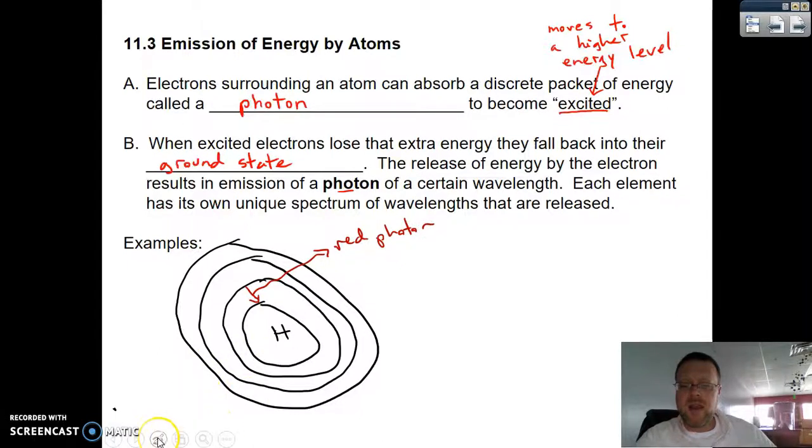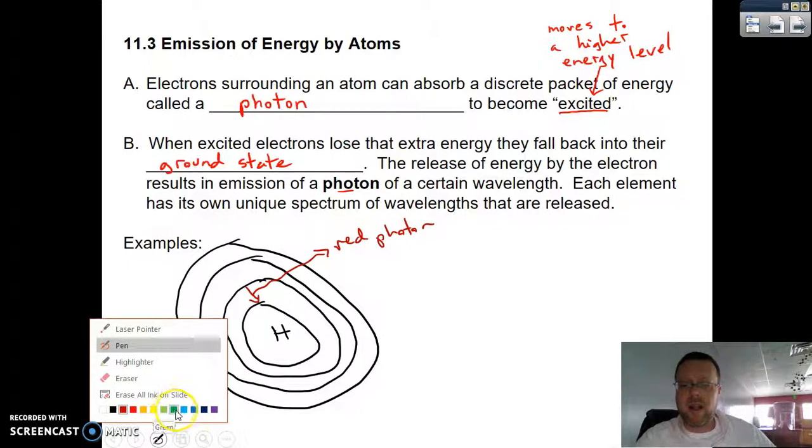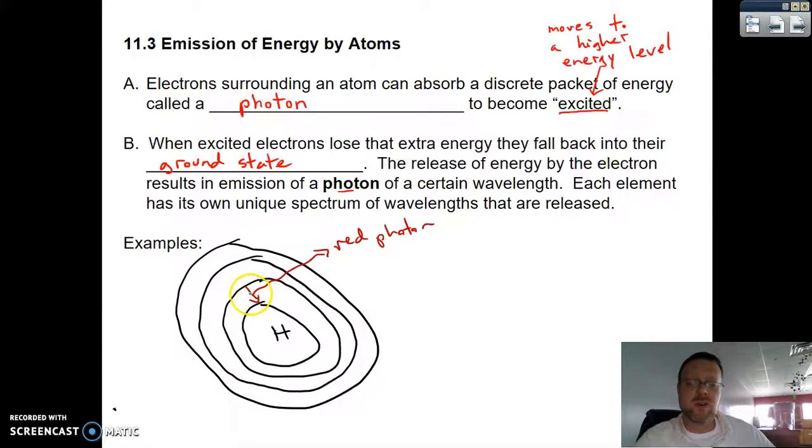If the gap where the electron fell down was a little bit larger, then you might produce a photon that had a little bit more energy. So if it fell from, say, energy level 3 down to energy level 1, then that might release a green photon.